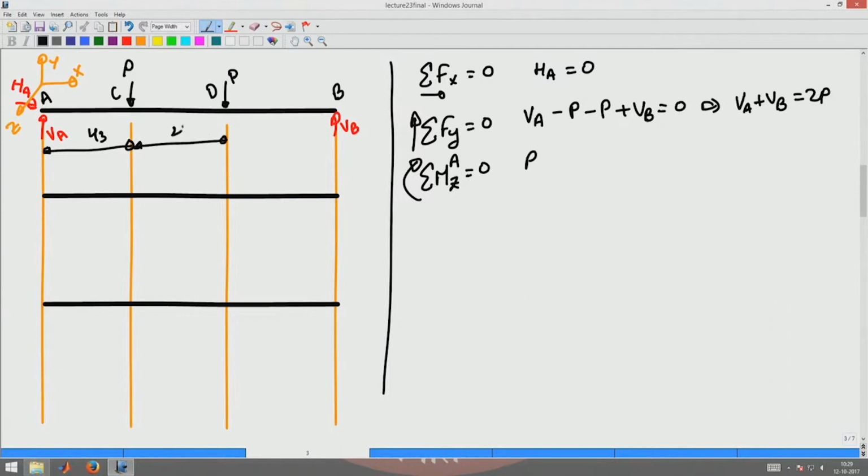C to D is also L by 3 and D to B is also L by 3, as per the problem definition.